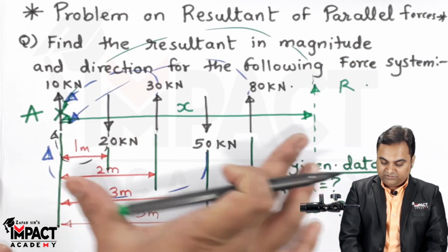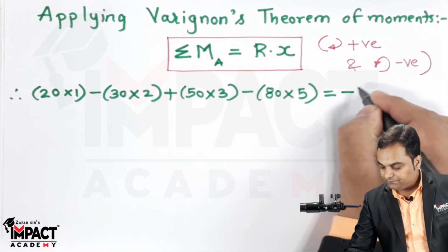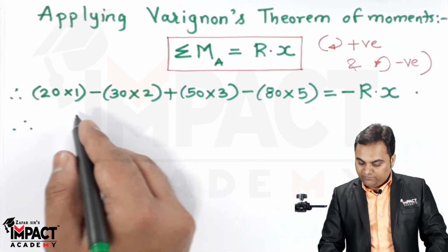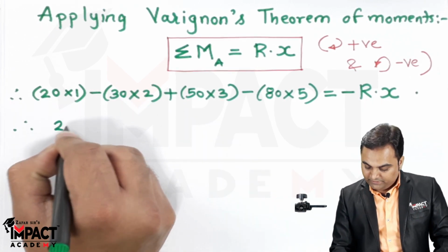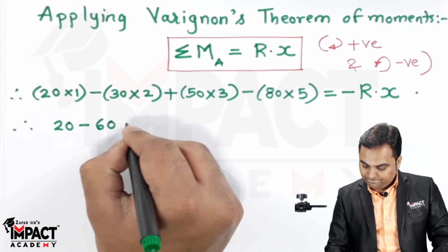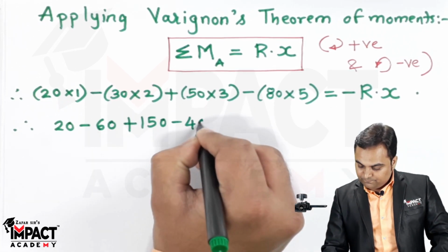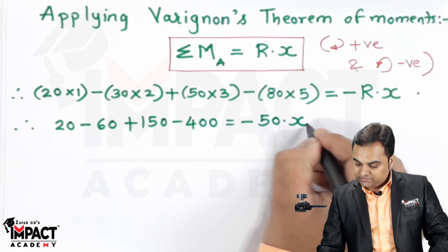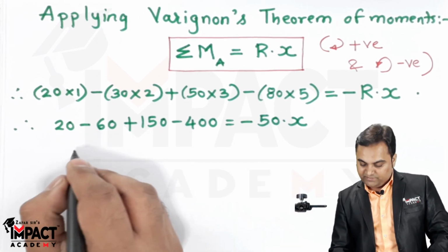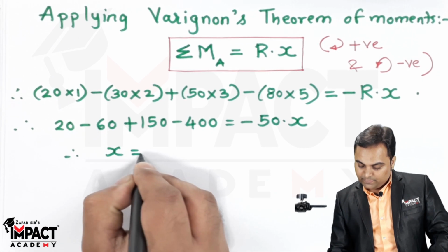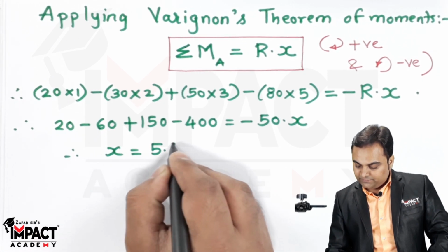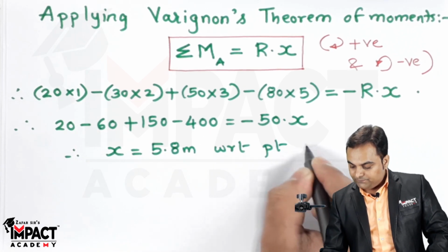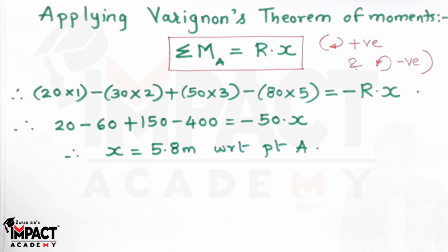So minus resultant into distance x. The resultant is 50, so 50 into x. When I calculate this, I get x equal to 5.8 meter, with respect to point A because that is the reference point.